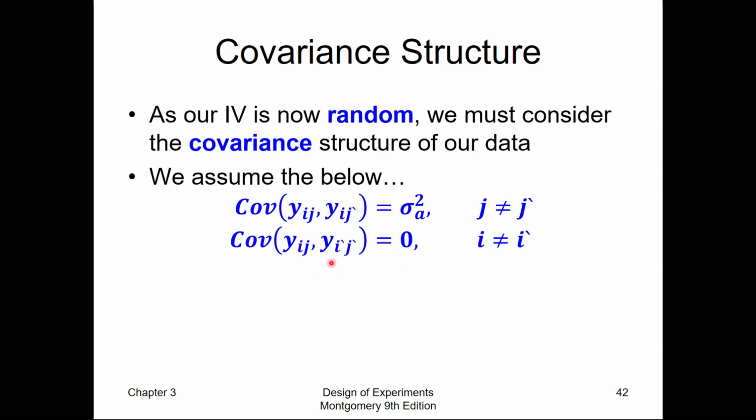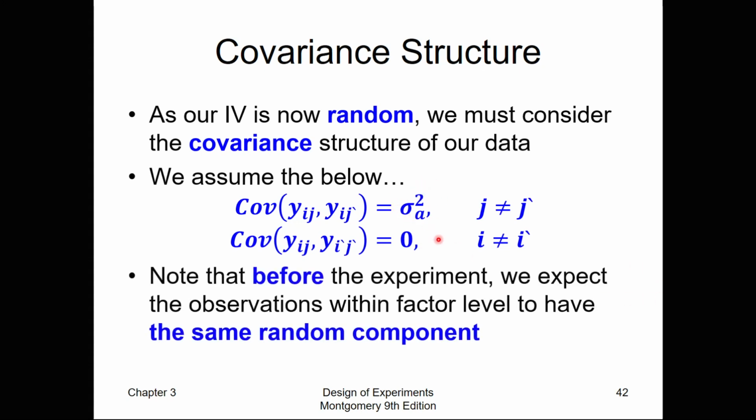So we're assuming that if I have 2 data points and they're in different groups, then they're completely unrelated. And this is a very common assumption. But we're assuming that if I have 2 data points and they're in the same group, that they are going to be related. And this is a random component yet because until we select the factor levels, we really don't know how they're going to be related.